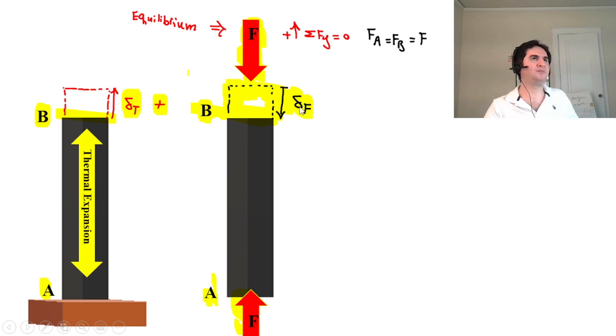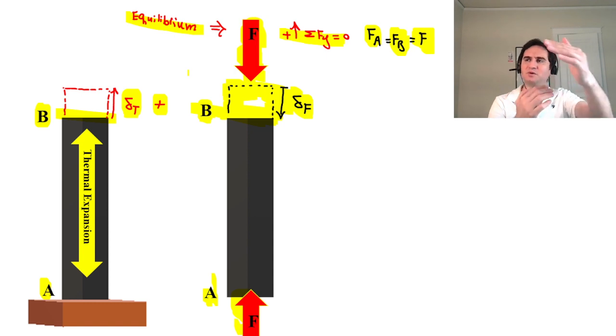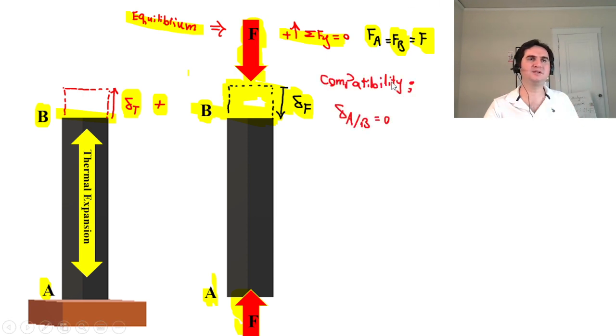From the equilibrium equation, the summation of forces in the y direction should be 0. So Fa is equal to Fb, the force at support A is equal to the force at support B, and both are equal to F. The problem is symmetric, so both are identical. The other piece of problem solving is compatibility, which says delta A with respect to B is 0.